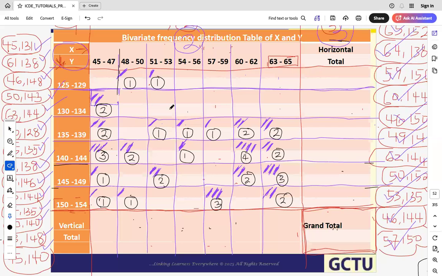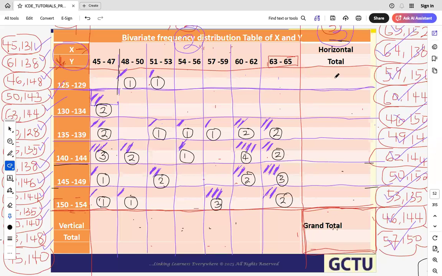So we are still working at the area number 5 called the tally grounds. We are now going to add the numbers in a vertical way and then in a horizontal way. When you add the frequencies in a vertical way, we say you are doing vertical total. And then after that, we'll add the numbers in a horizontal way.